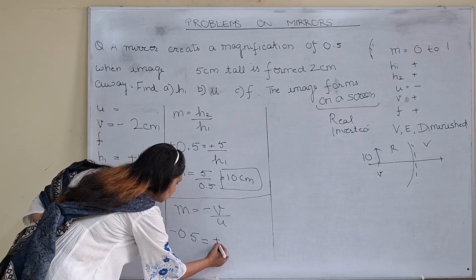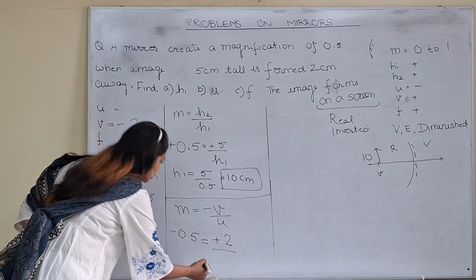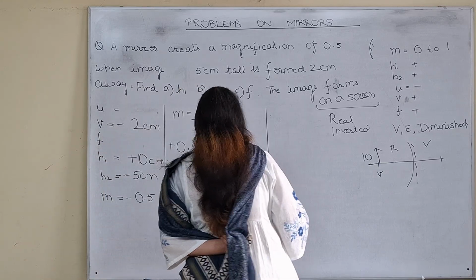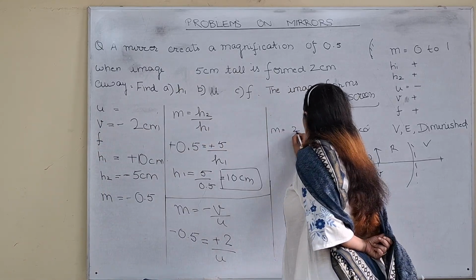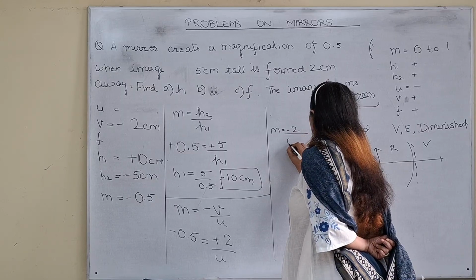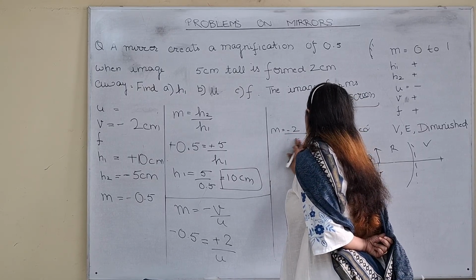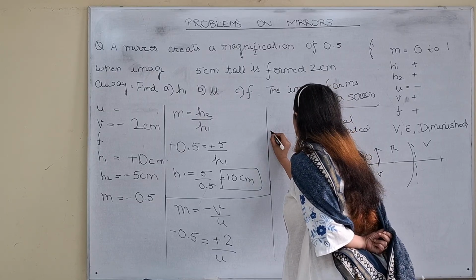-2, and U is what we don't know. 2 upon 4. M is equal to... something's wrong with me.